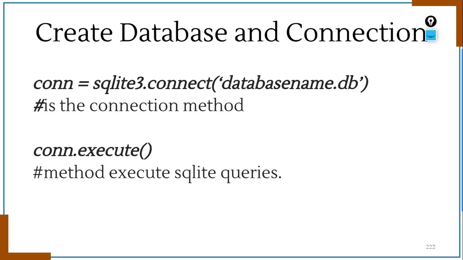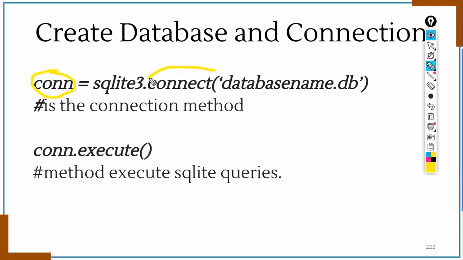So how do we create the database and connection? First of all, when we talk about the connection object, we need to use this particular syntax. Here, this is our connection object, con, that we are creating.